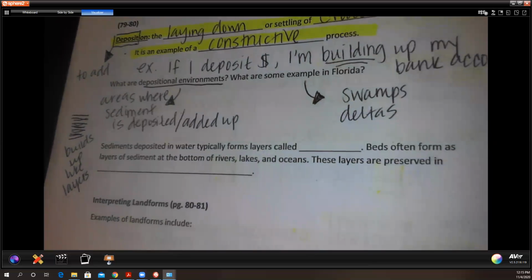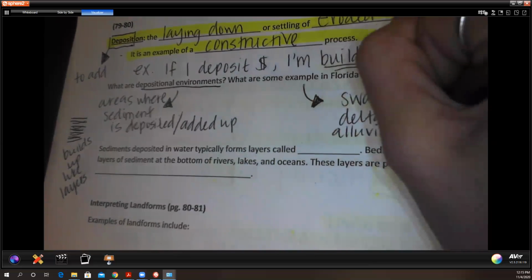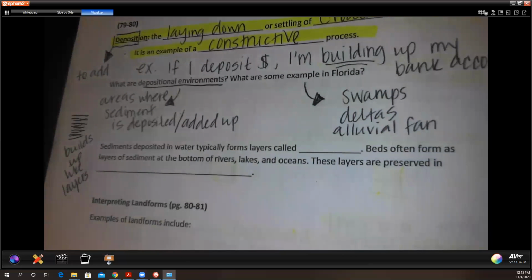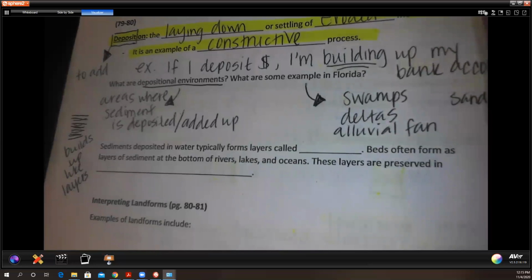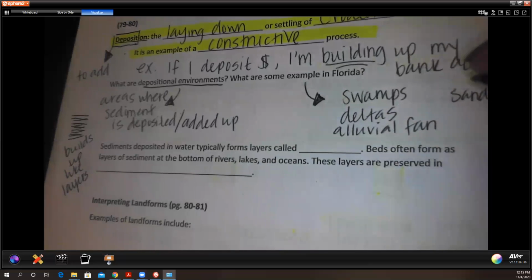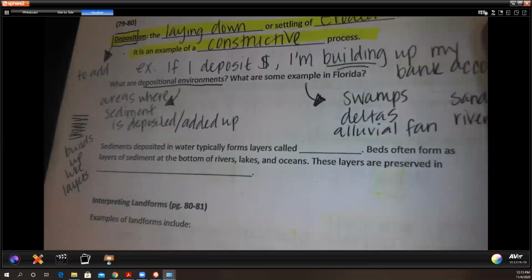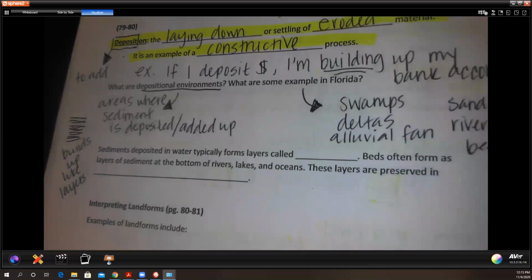I'll show you a picture of a delta in a second. I want you to write alluvial fan. I'm going to show you a picture of that too. A sandbar. A riverbed. And a beach. I'm going to show you what those look like in a second.